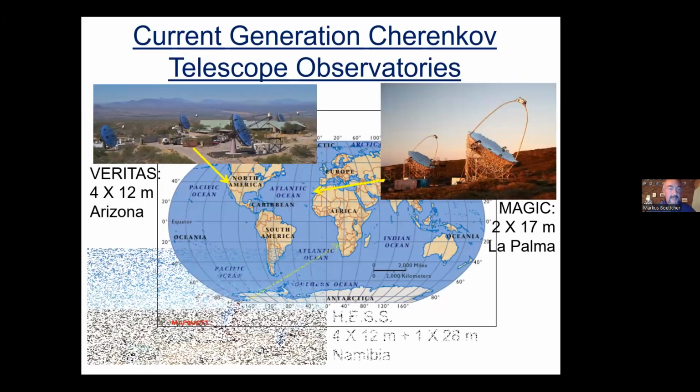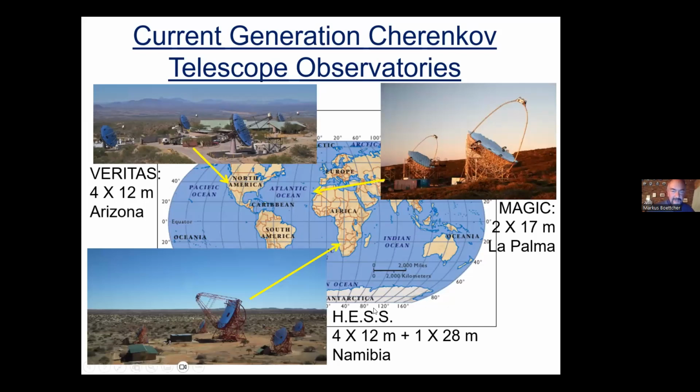It's back. And there's H.E.S.S., the High Energy Stereoscopic System in Namibia that I'll talk about a bit more right now. That's like VERITAS with four 12-meter telescopes, but in the middle, there's a 28-meter telescope that is the largest Cherenkov telescope existing in the world.